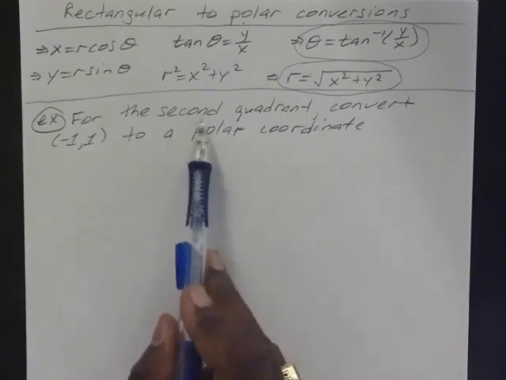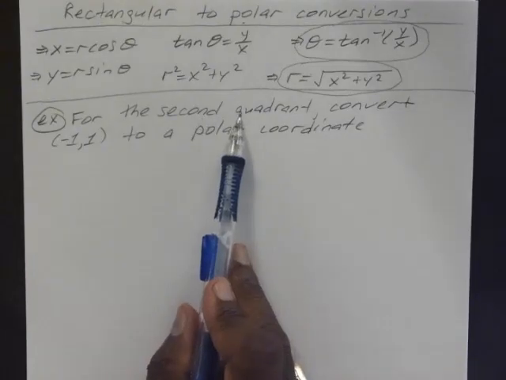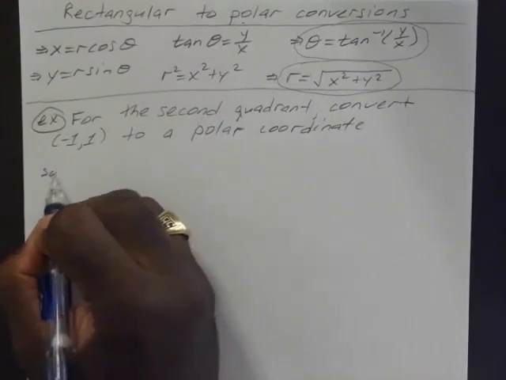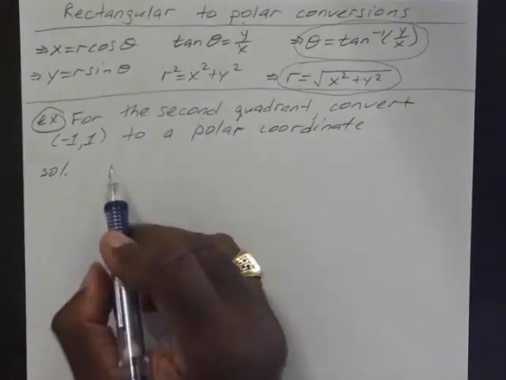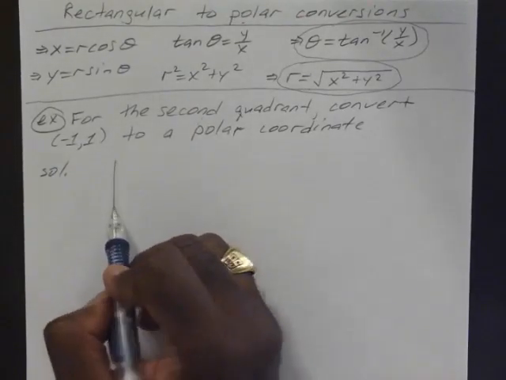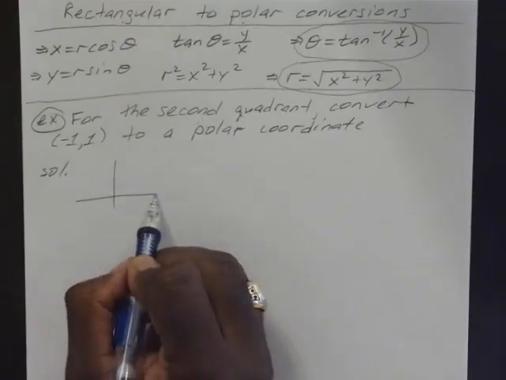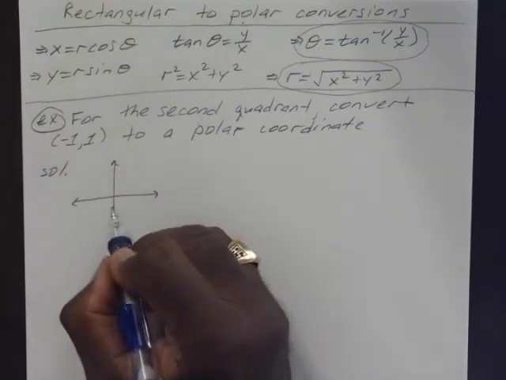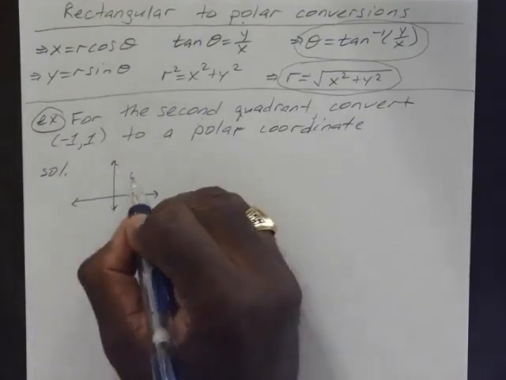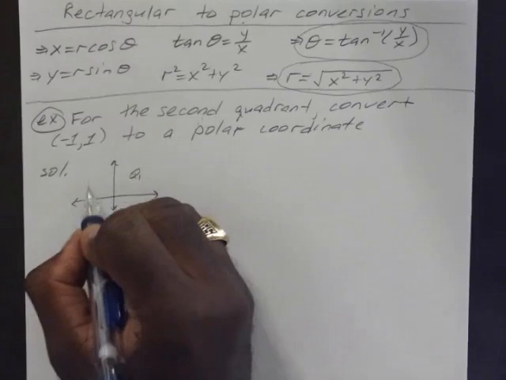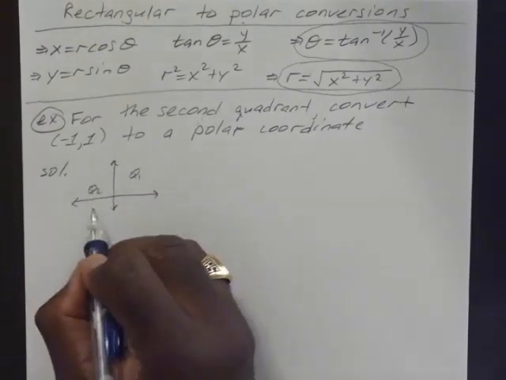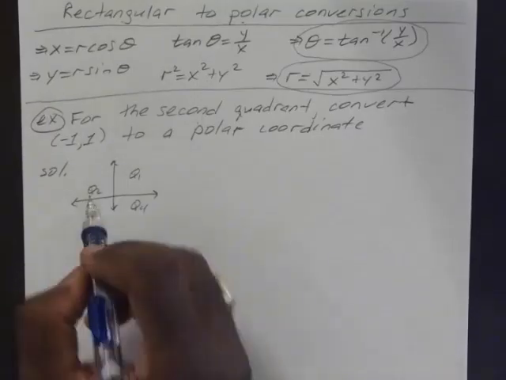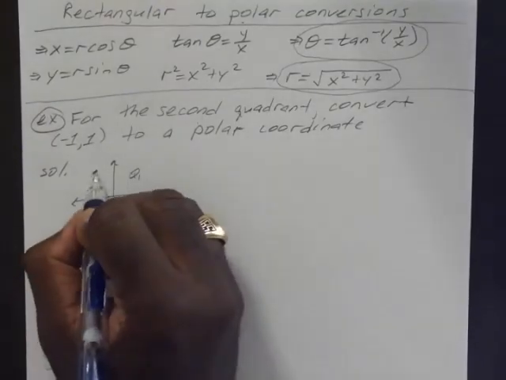Now, the fact that it's in the second quadrant is actually really important, and at the very end, I'll show you why. But for right now, let's just solve this one. So visually, we know that on our x and y axis, this is quadrant 1, quadrant 2, quadrant 3, and quadrant 4. So -1, 1 is somewhere in quadrant 2.